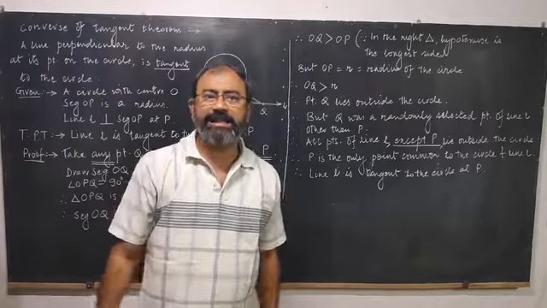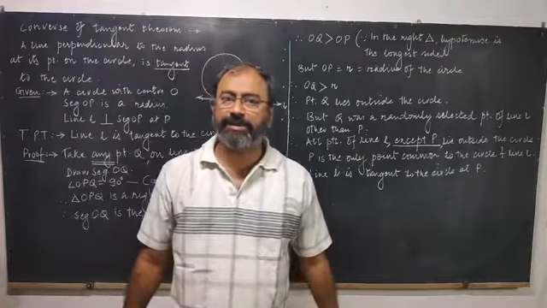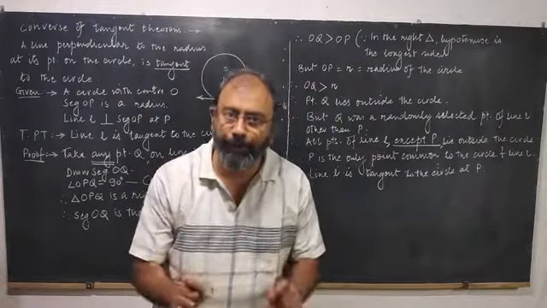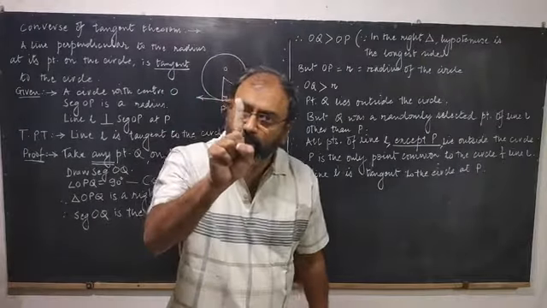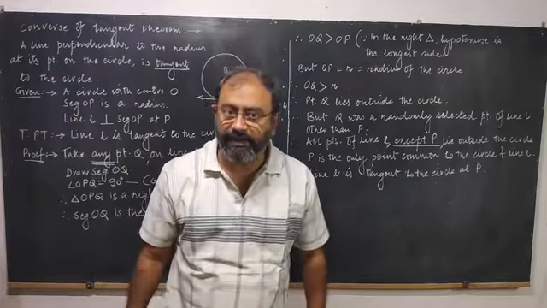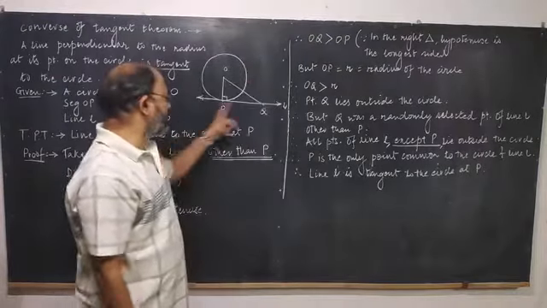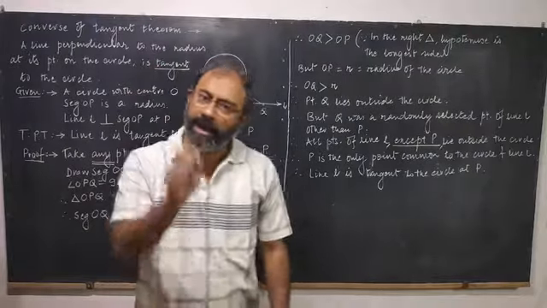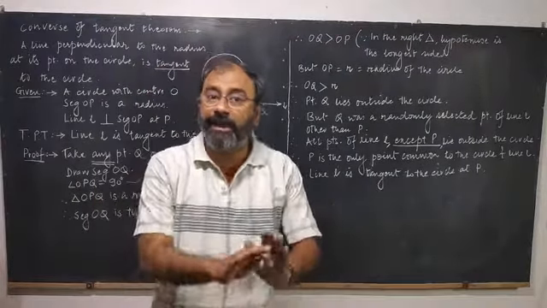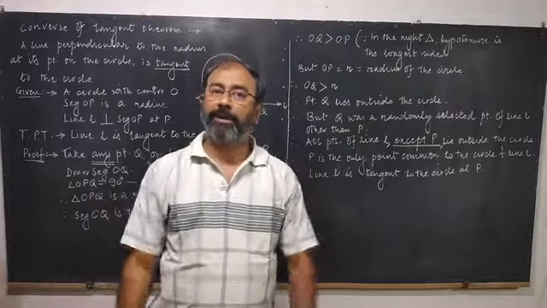As soon as I say that we want to prove that it is tangent to the circle, that means we want to prove that line L and the circle has only one common point. Is that very clear? We want to prove that this line and this circle has only one common point. एक ही point common है. That means remaining points are not common.